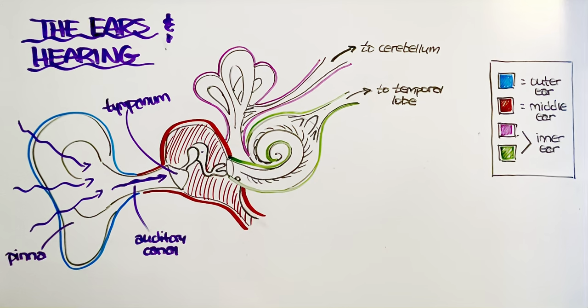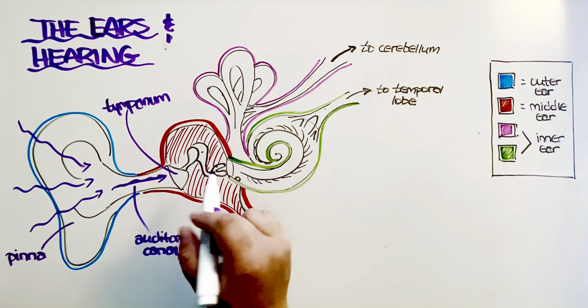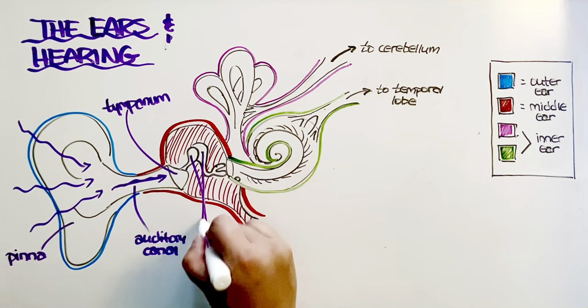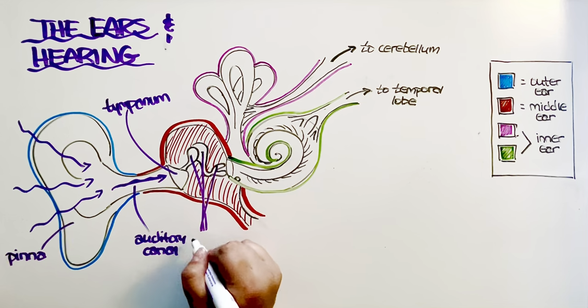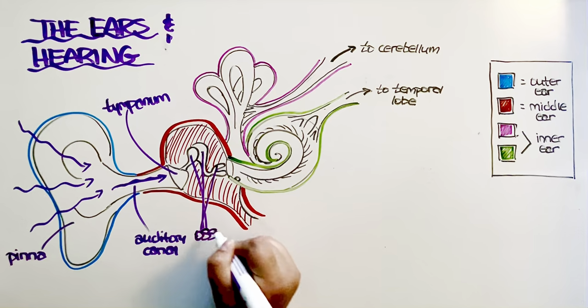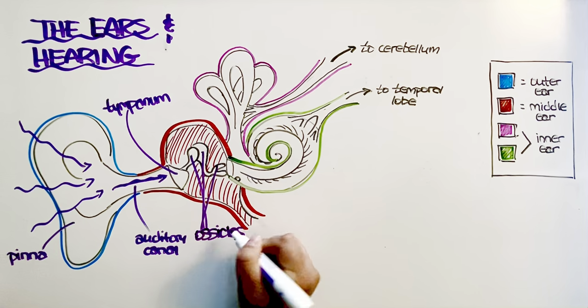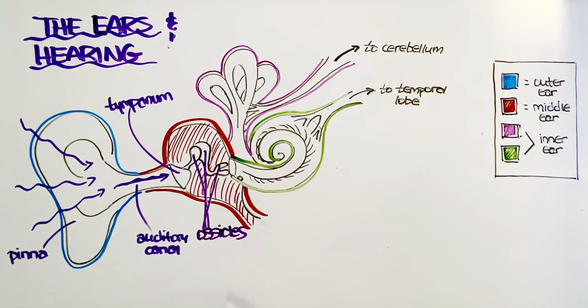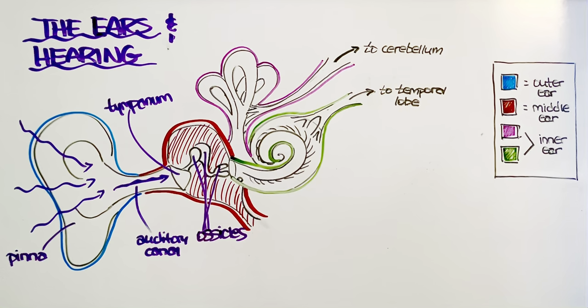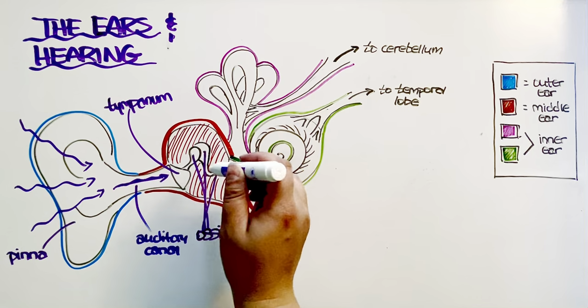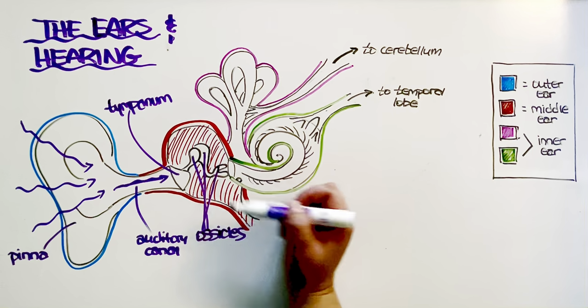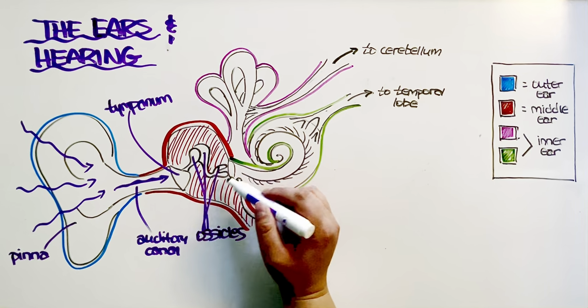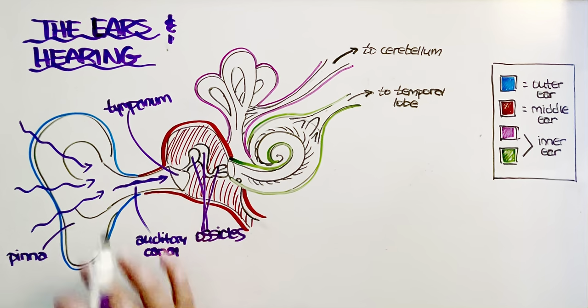And then that's going to push on the second teeny tiny bone and the third teeny tiny bone. Collectively, these three bones are known as the ossicles. And their job is to amplify the waves of sound that are being delivered to them by the tympanum. So by the time those waves or changes in pressure reach the last ossicle, we have a much greater pressure difference compared to when they originally entered our ears.